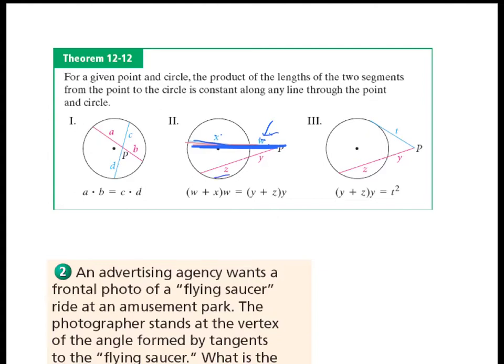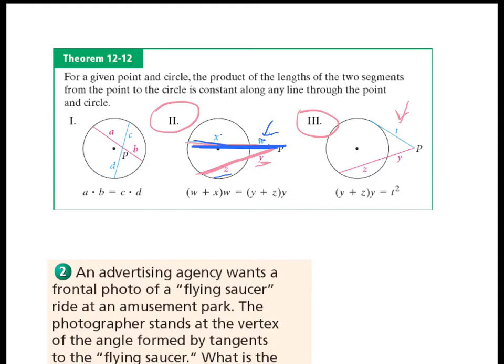And then same goes for the other side. So here, the whole line, z plus y, whatever that happens to be, times whatever segment is on the outside. And these two are actually the same thing, but because they figured students would get confused because it's only an outside piece in this situation, think about it. If you applied this number 2 to this number 3 situation, this is what you would end up with.